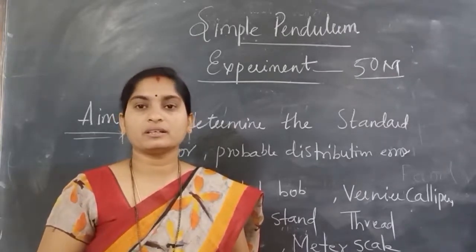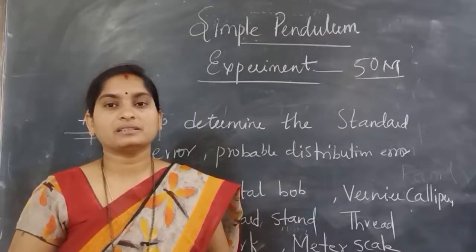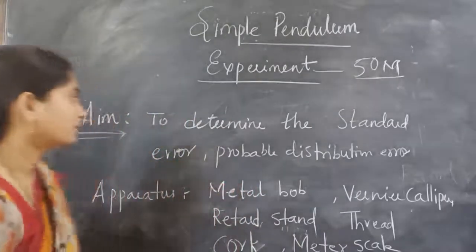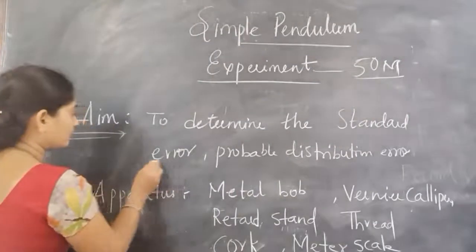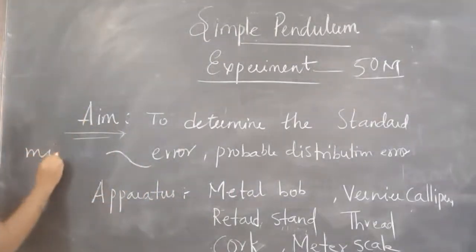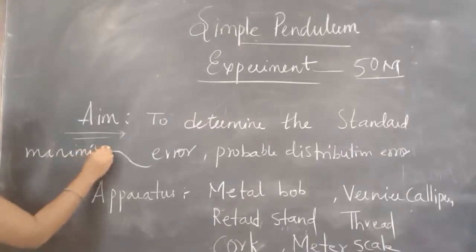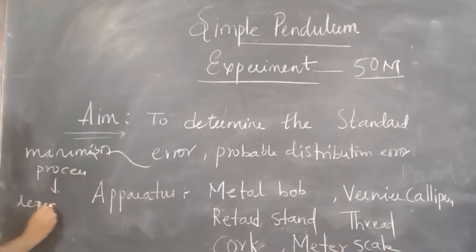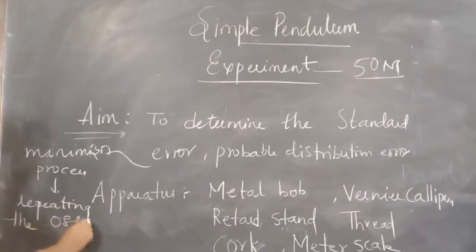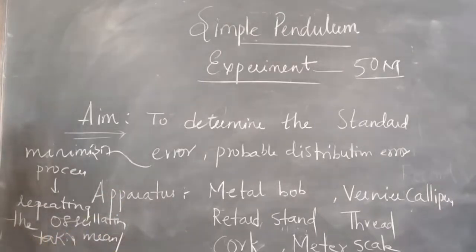So that is why error is regarded as a minimizing process by repeating the oscillations and taking the mean or average.